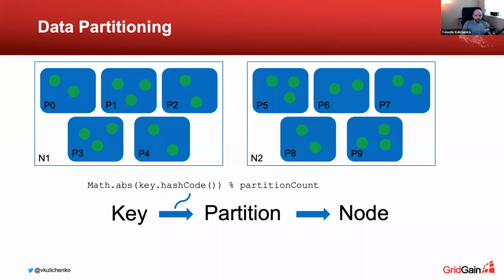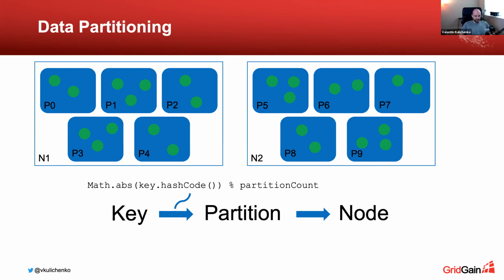What's important here is that for the first step, we'll still use the same hashing function. The only difference is that instead of the number of nodes that might change, we will use the number of partitions, which will not change. This makes this mapping constant and consistent at all times.